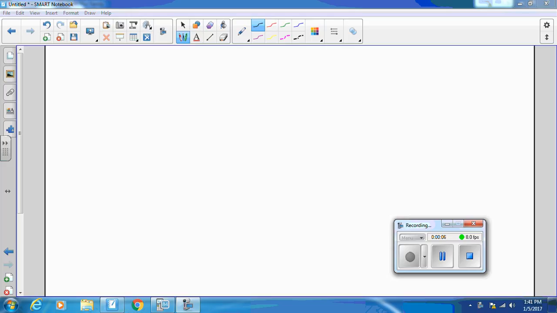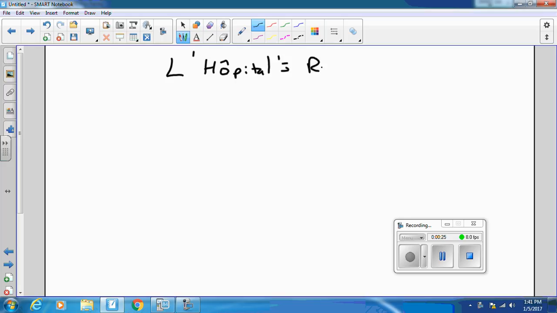Okay, so today we are going to use tangent lines in a really powerful way to compute limits. And the technique that we are going to talk about, which is called L'Hopital's rule, was developed early on in calculus.